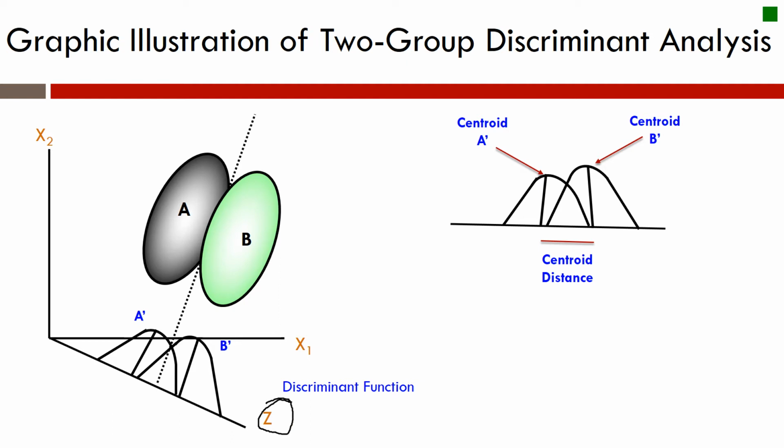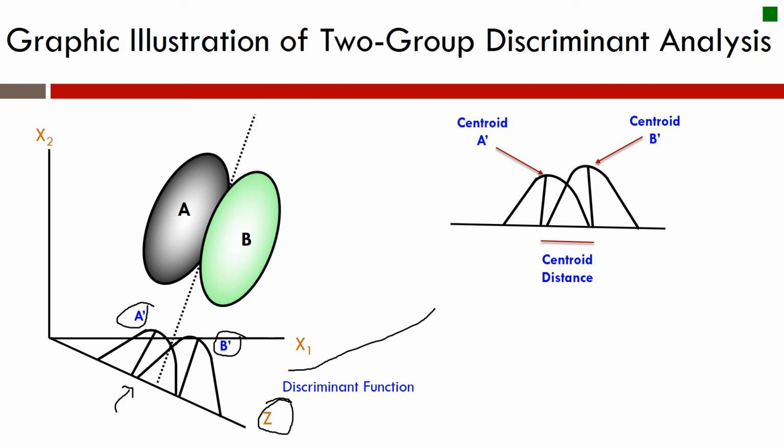This is the discriminant function and this would be the z-score. And what we can see is that we have the distribution here of A, and then we have the distribution of B down below here, and you'll see how the centroid or the center point for A is different from the center point of B.